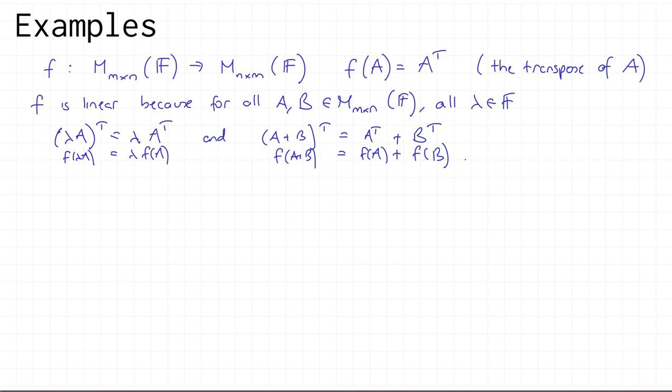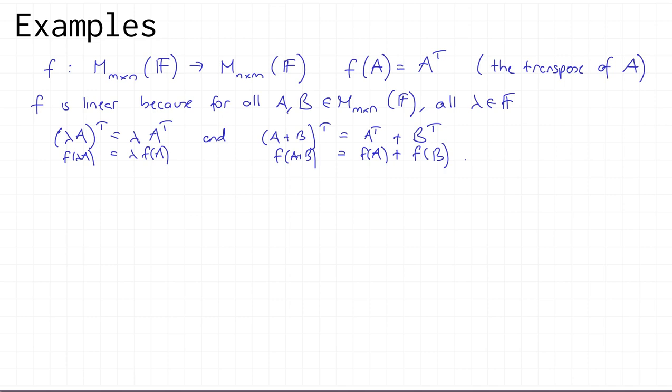Let's try another one. So we'll take the example of differentiation. So this is another example of a linear map which you've already met, and the fact that differentiation is a linear map follows from standard properties of derivatives, which again you already know.